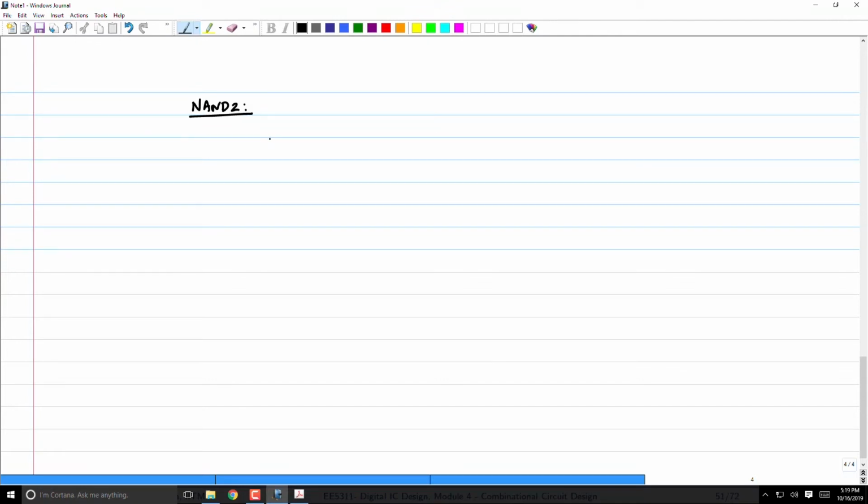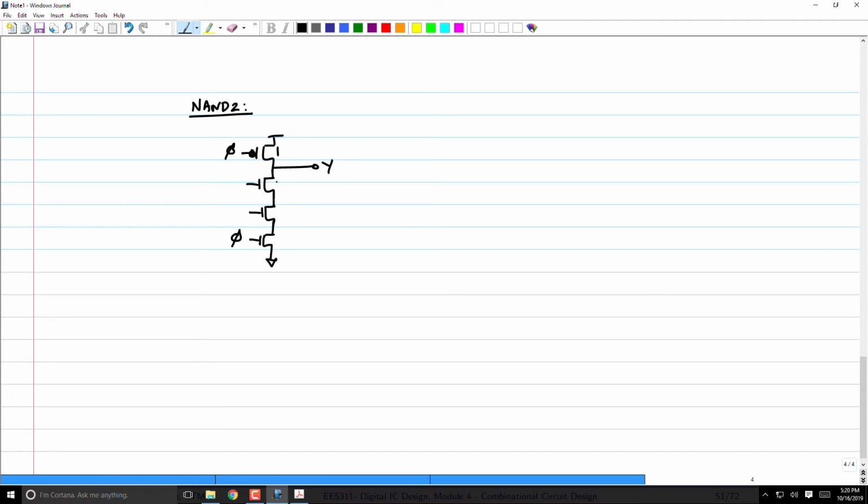But how does a NAND 2 gate with a footer device look? My clock. Again the clock. So what's the size of my PMOS transistor first? 1.